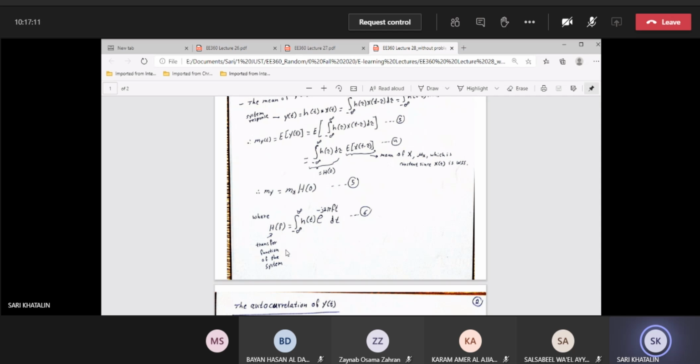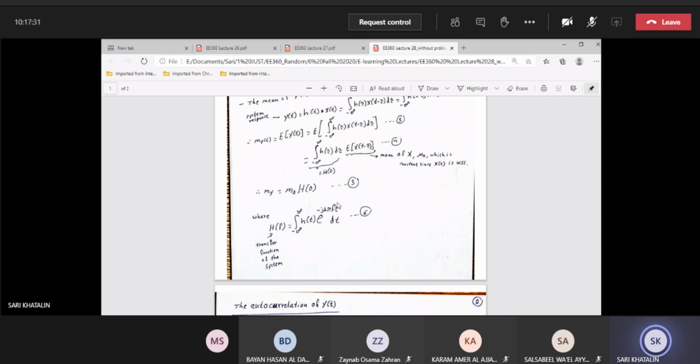So if you need to find the transfer function, you just take the Fourier transform of h of t. Now this one right here is the same as this one except for f equal to 0.